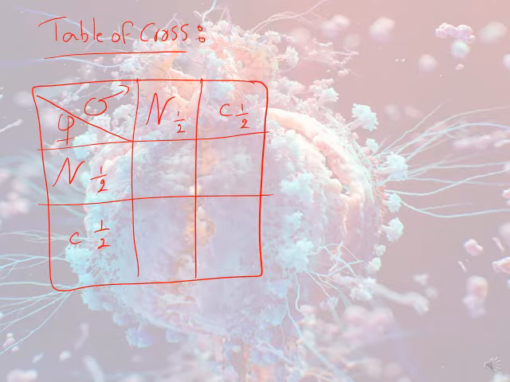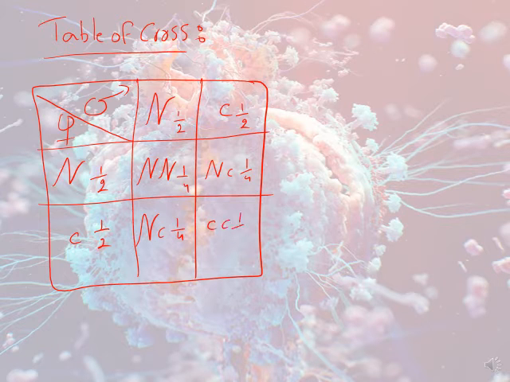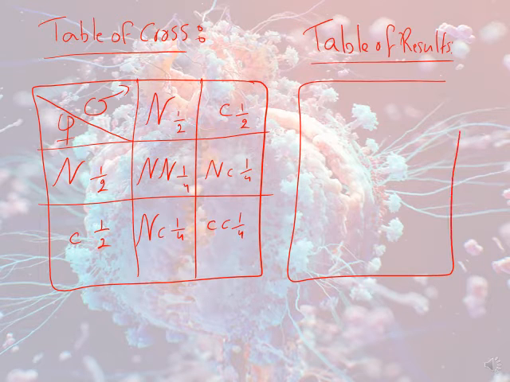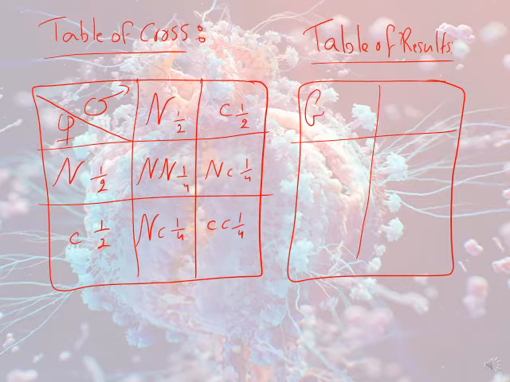So NN, it will be 1 over 4, NC, it will be 1 over 4, also NC, 1 over 4, and CC, 1 over 4. Moving now to the table of results. In the table of results, what do we have? We have the genotype that will give the phenotype.